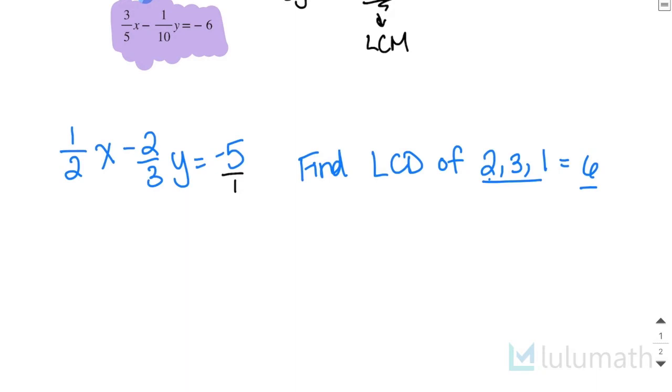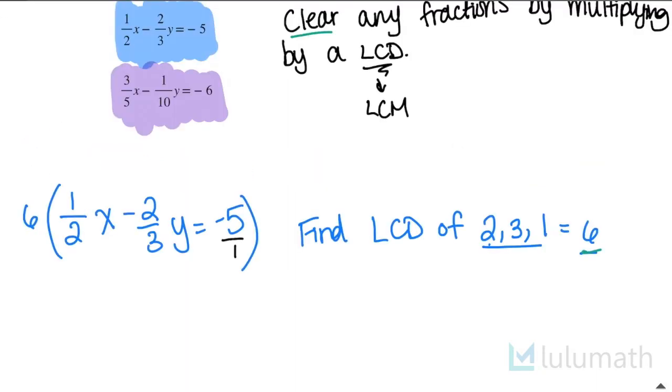So I'm going to multiply everything through here by 6. I'll start with multiplying 6 through to 1/2 x, and I'm going to do it on the side so we can see what's happening. So 6 times 1 over 2x, but this is 6 over 1. Things should cancel out, because if they don't, then your LCD is incorrect.